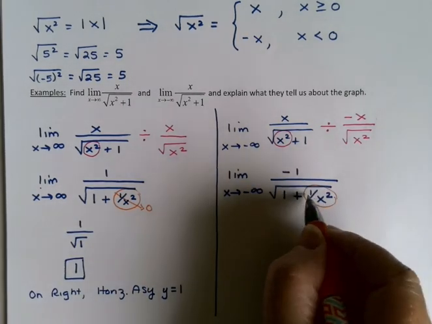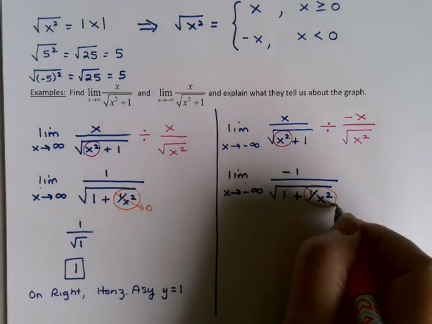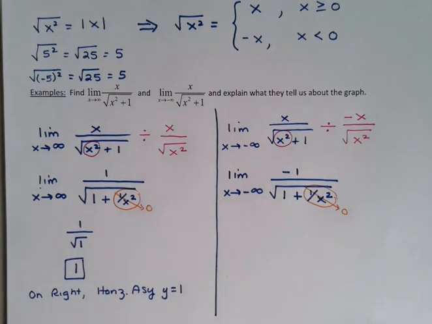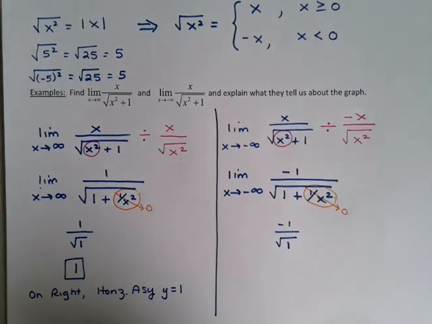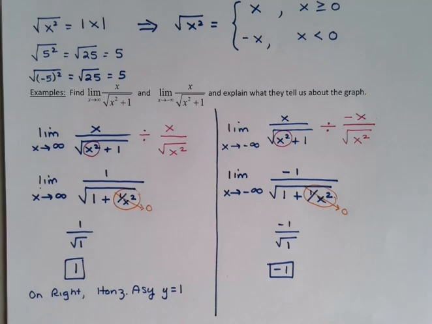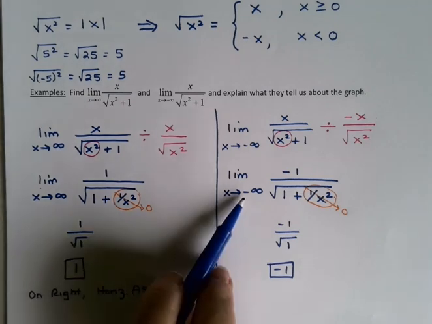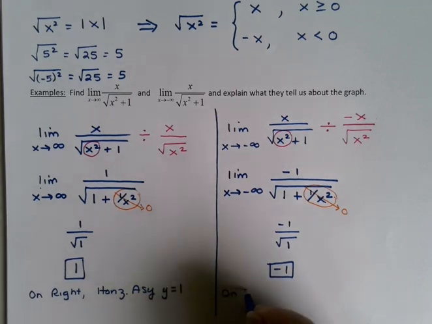That fraction, 1 divided by a number that's getting very, very large, goes to 0, and I have negative 1 over the square root of 1 for a limit of negative 1. So, on the left, my horizontal asymptote is y equals negative 1.